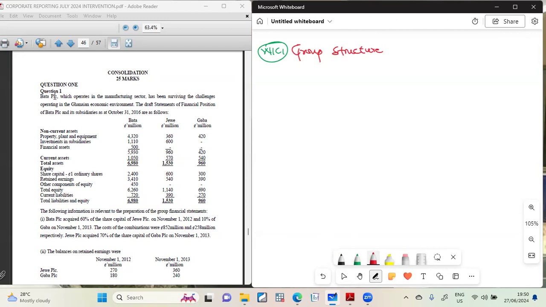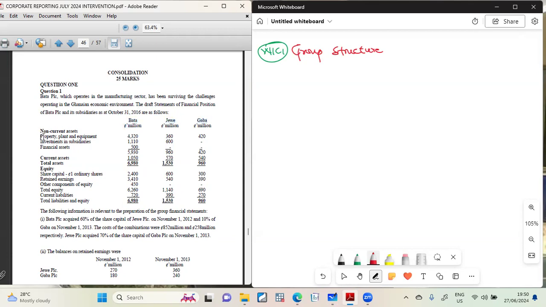It says that Better PLC, which operates in the manufacturing sector, has been surviving the challenges of operating in the Ghanaian economic environment. The draft statement of financial position is what you see here, as at 2016. So you have Better, Jewe, and Gaba.